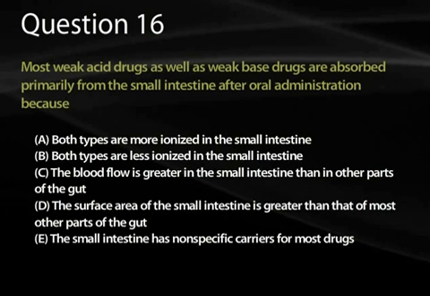This is a question that's meant to test your knowledge that the small intestine is where most drugs are absorbed, simply because the surface area is greater. And that increases that organ's ability to absorb all medications.